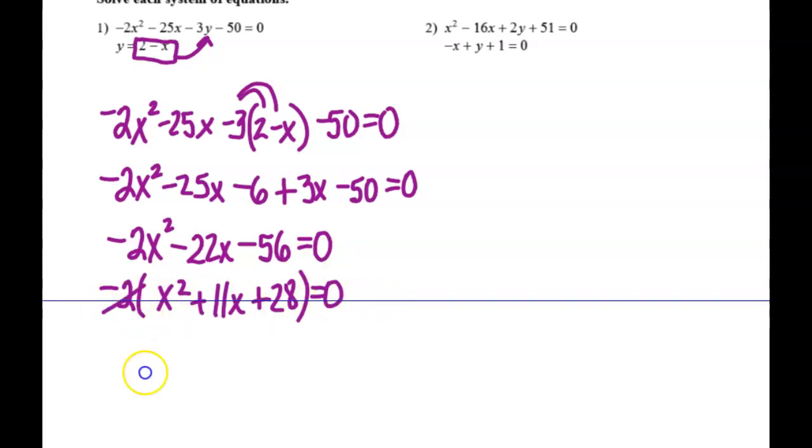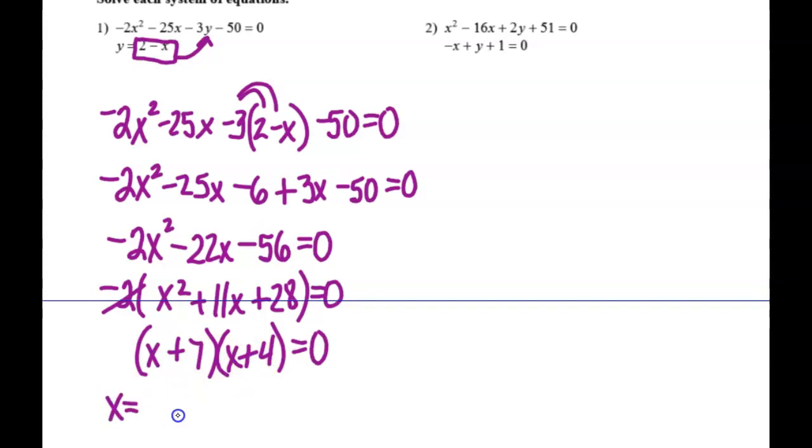No, so we could actually divide that out and not worry about it. This will factor x plus 7, x plus 4 to make a 28 and add up to an 11 in the middle. So then I get what two x values, guys? x equals negative 7 or x equals negative 4.